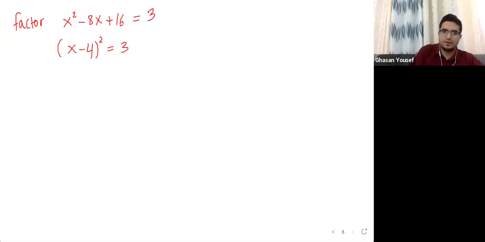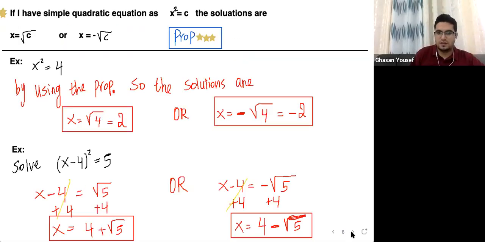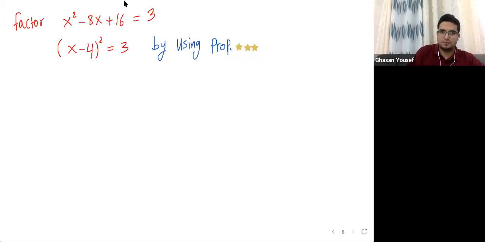Here we use property 3 star, because this is a simple equation, on slide number 6, or page number 6.